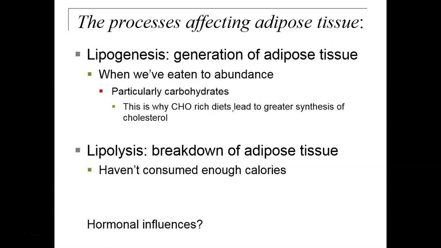Because they are refined carbohydrates, that's the big kicker. Because as I mentioned last class, because they're refined, the bulk of nutrients and more importantly the bulk of the fiber content has been removed.